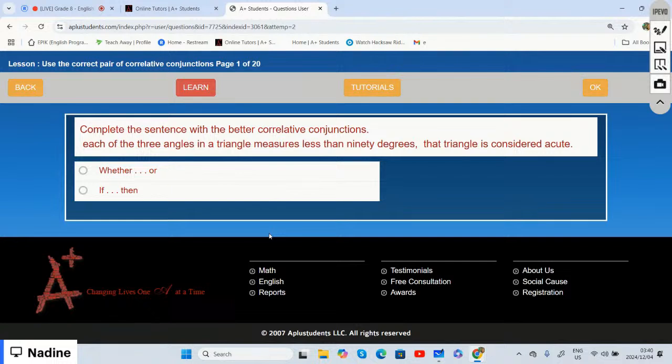It says each of the three angles in a triangle measures less than 90 degrees.